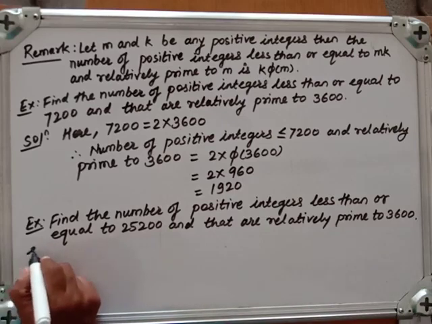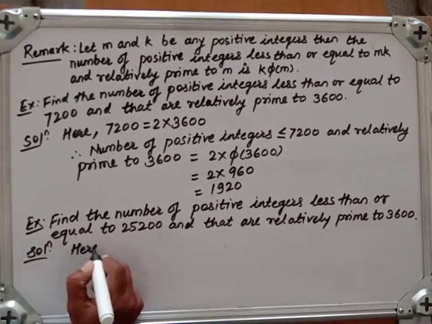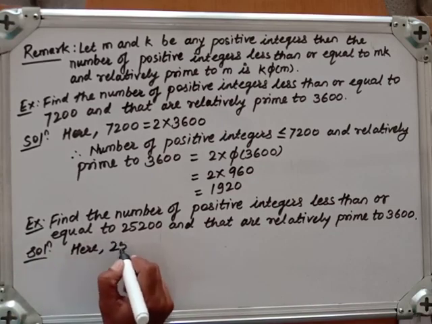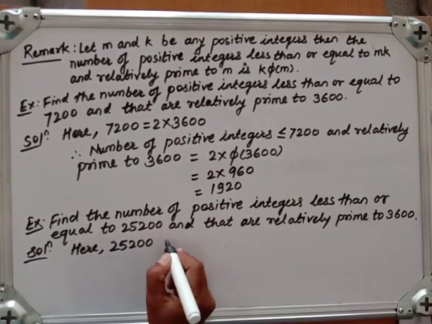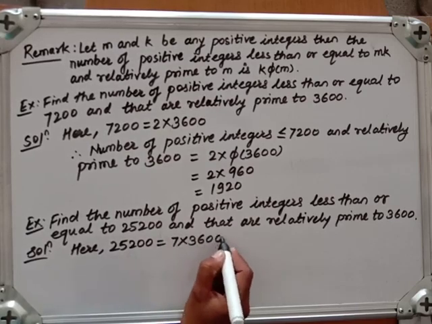Again the same type of question. Solution: here again 25,200 is what? 7 into 3600.